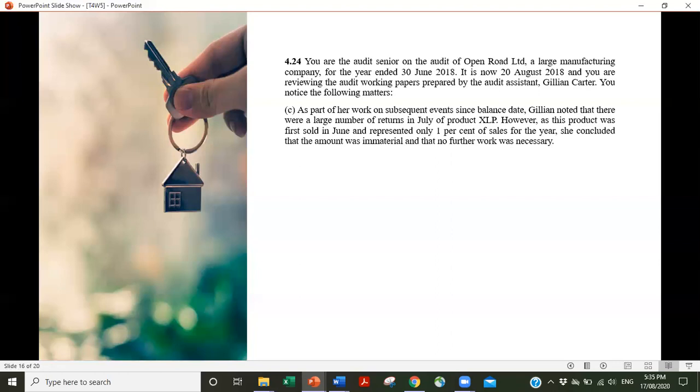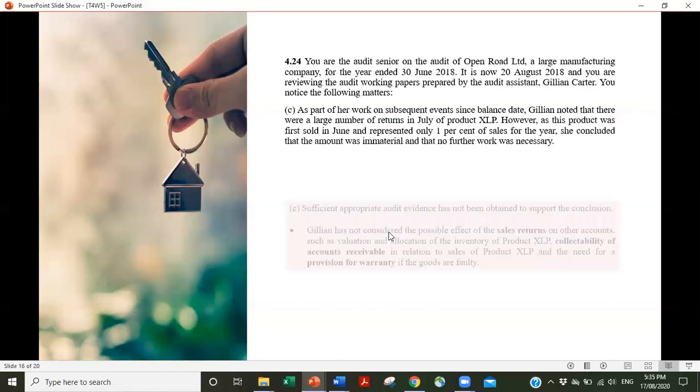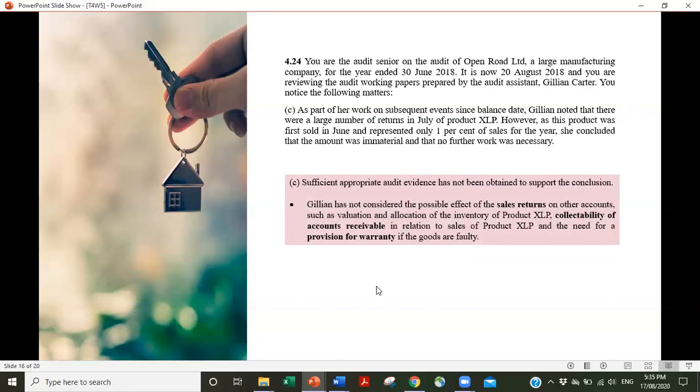So is something in the prior year reversed in the beginning of the new year? Okay, so in this case, a large number of returns have happened. And it's the 20th of August, so these happened on the 1st of July. So again, not enough supported evidence.